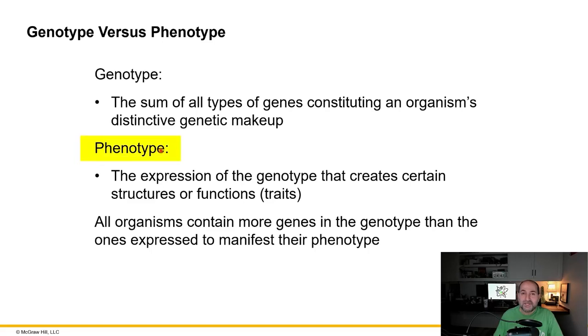However, the phenotype is the expression of the genotype. It's the trait that we see. For instance, if you see that I have brown eyes, that's my phenotype. Notice how phenotype is slightly different than genotype.